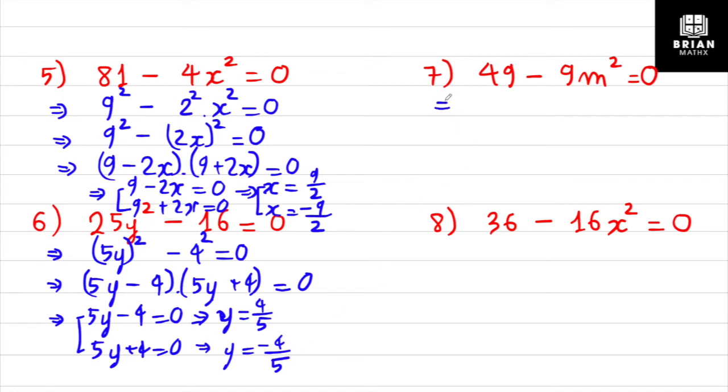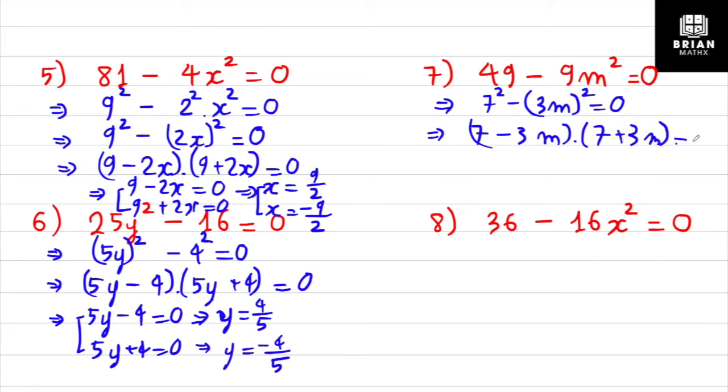Yeah, we done. Question 7, here is 7 square, here is 3m inside the bracket and square outside. 7 negative 3m and 7 plus 3m equal to 0. One by one, first bracket and second bracket.